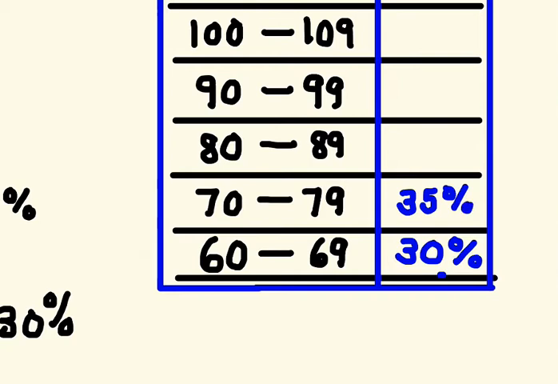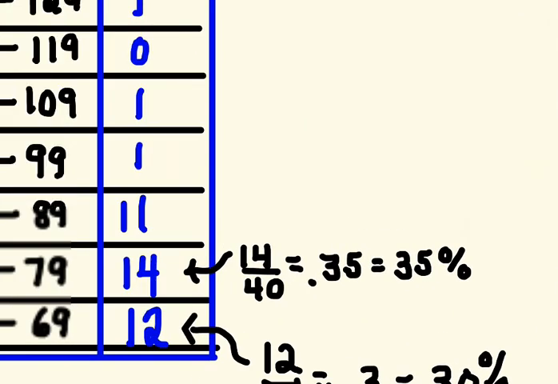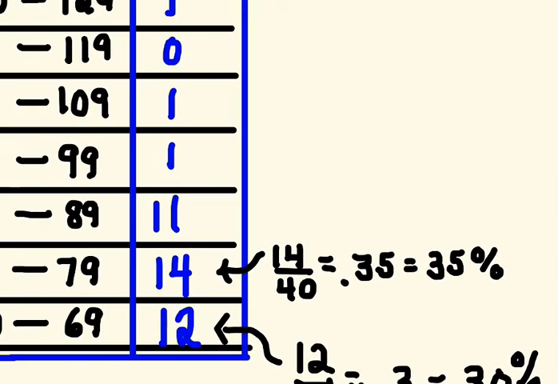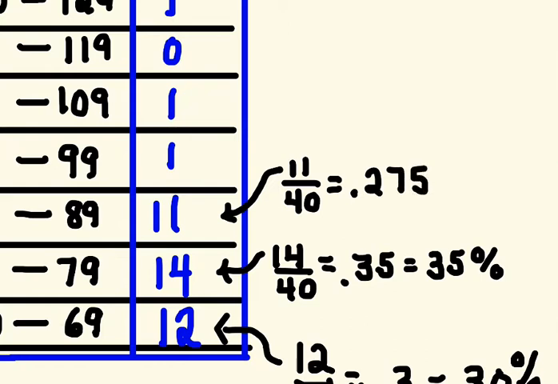And now let's keep working our way up. Now we have 11 values here in class 3. We have 11 values out of 40. And if we put that into our calculator, 11 divided by 40 gives us 0.275. And percentage-wise, remember with percent, you have to move that decimal place over twice.